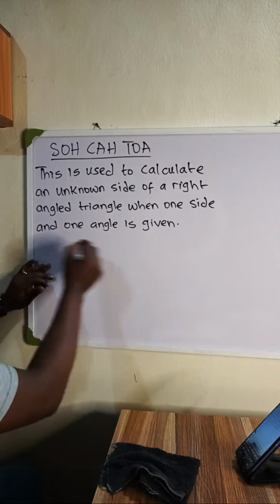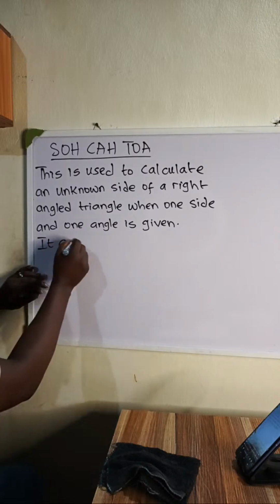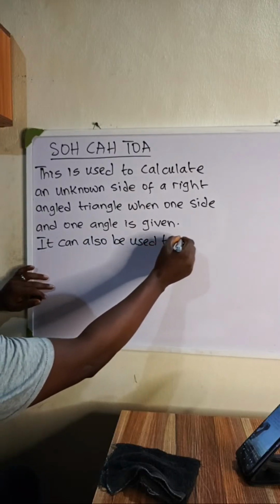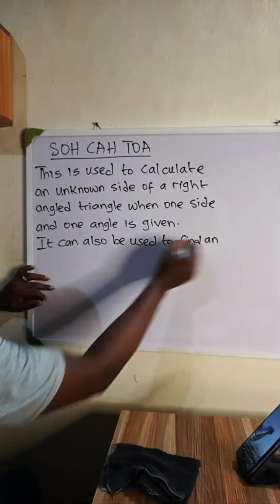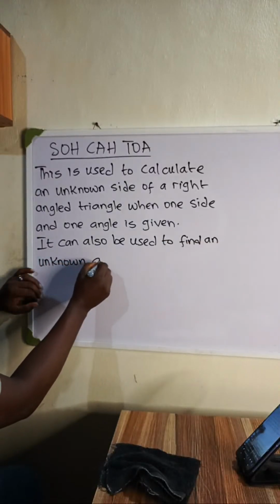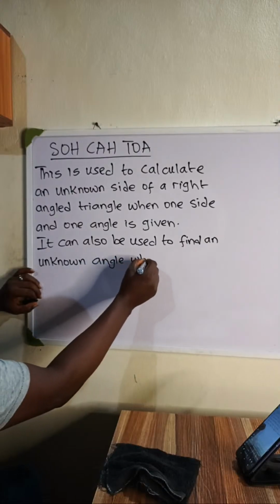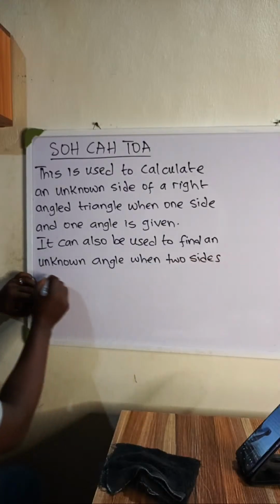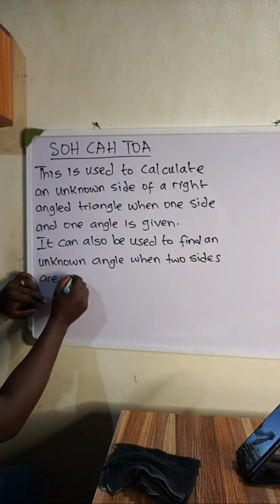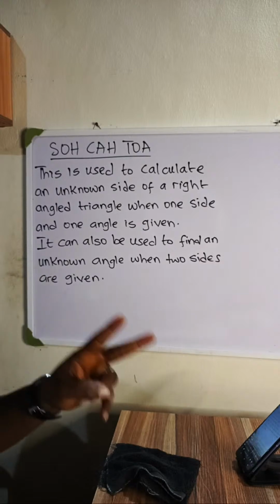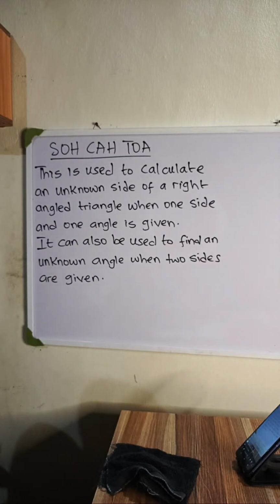So it can also be used to find an unknown angle when two sides are given. So you can be confronted with another situation where you are given two sides and you're expected to find an unknown angle.